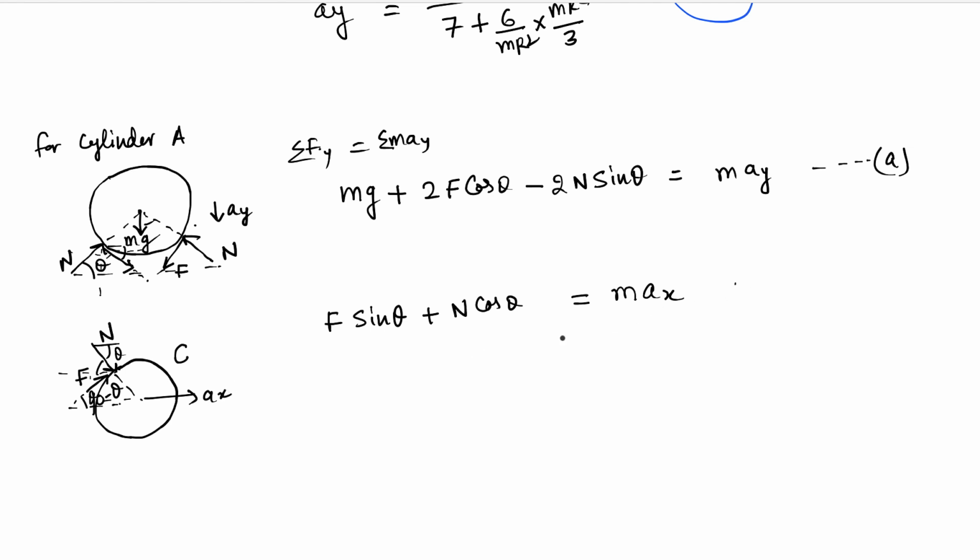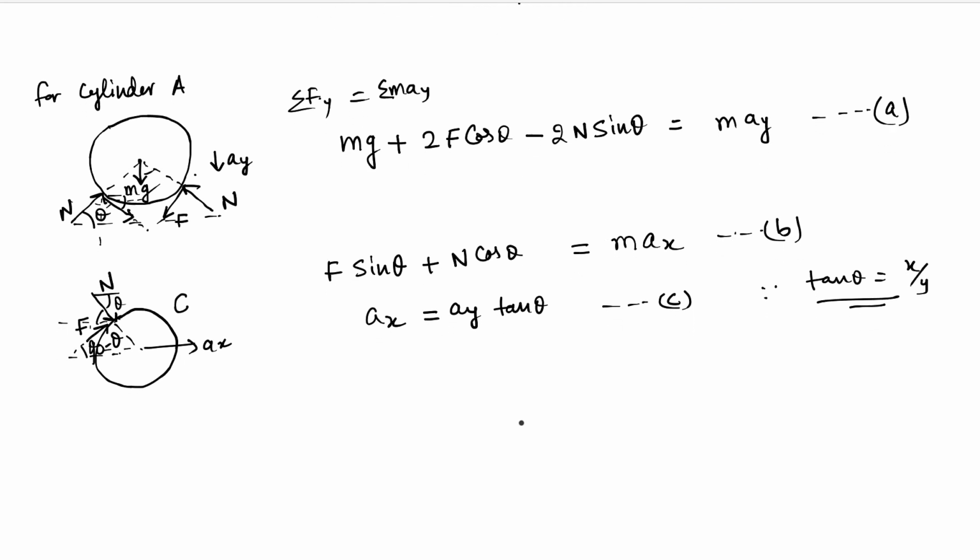And we also know that previously we figured out that ax and ay are related by the equation ax equal to ay tan theta, because tan theta is x by y, right? So take this as equation B and this is equation C.